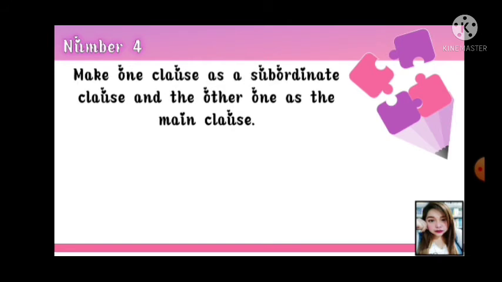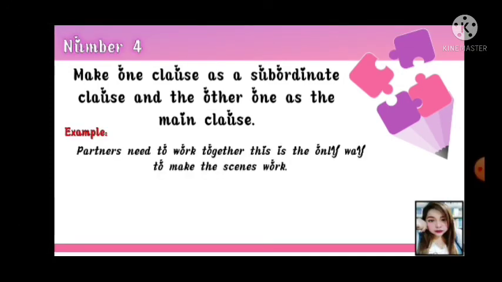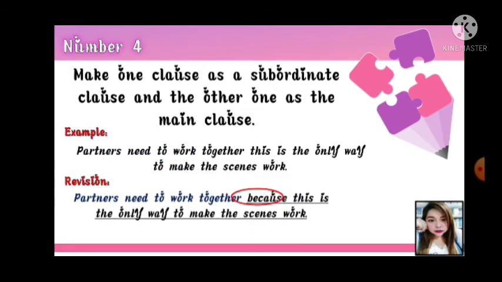Number 4, make one clause a subordinate clause and the other one the main clause. Example, partners need to work together. This is the only way to make the scenes work. So for revision, it should be, partners need to work together because this is the only way to make the scenes work.